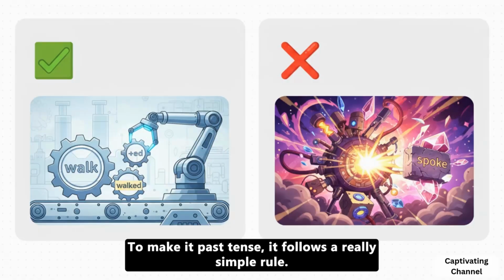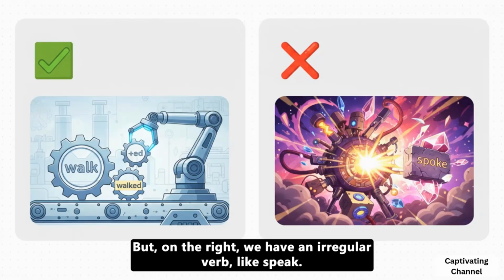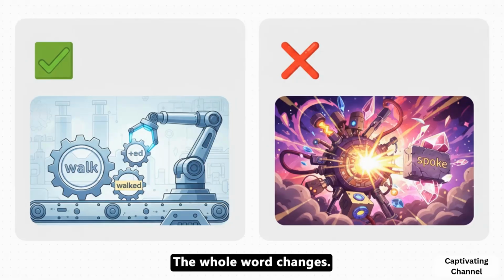To make it past tense, it follows a really simple rule. You just add ed to the end, and it becomes walked. Super predictable. But on the right, we have an irregular verb like speak. This guy is a rule breaker. The past tense isn't speaked, it's spoke. The whole word changes. That's what makes it irregular.